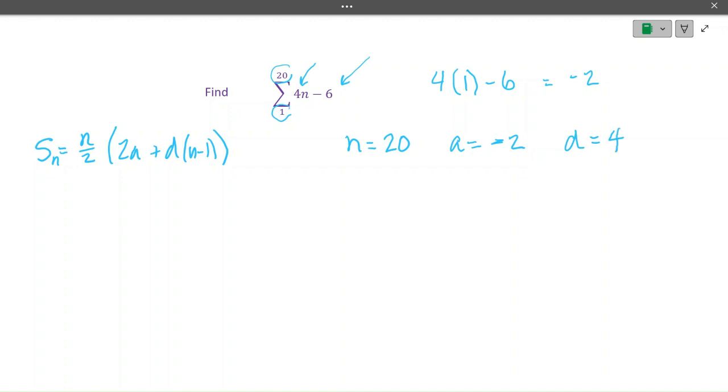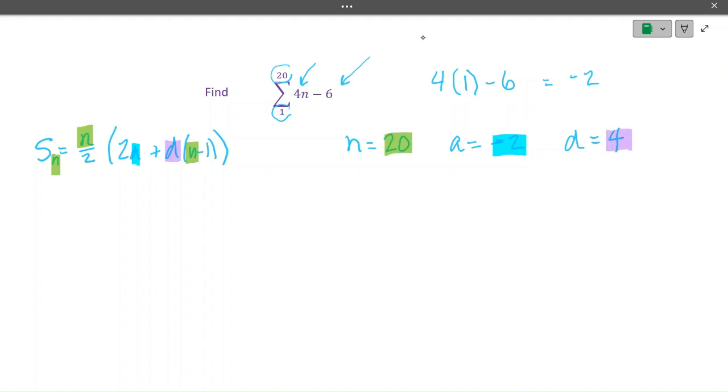Now we can just go ahead and plug things in to our equation. Remember, everywhere I see n, I'm plugging in 20. And everywhere I see a, I'm plugging in -2. Make sure not to drop that negative.